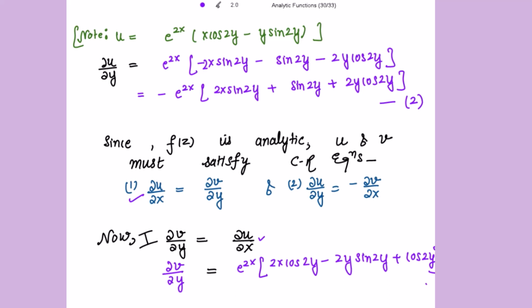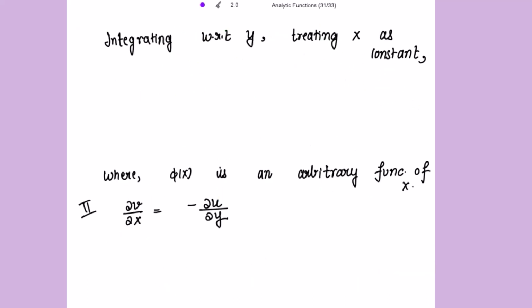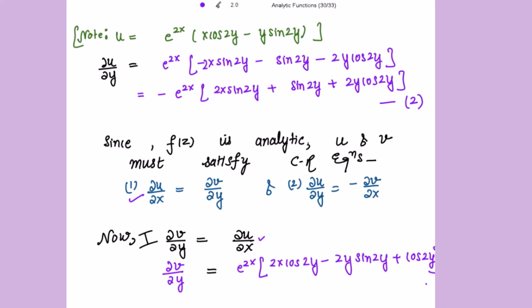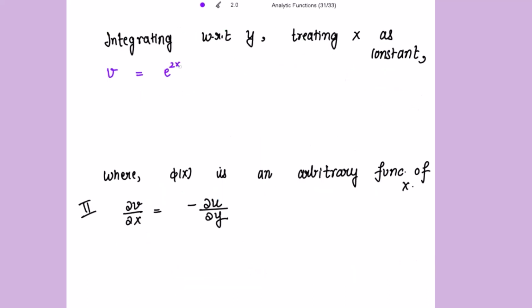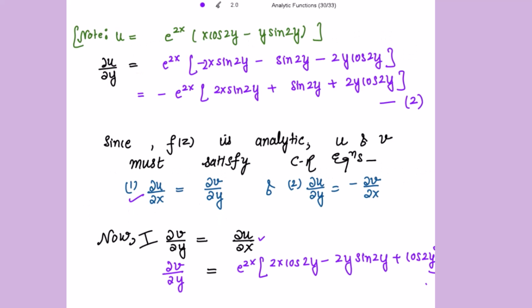Integrating with respect to y, the left hand side becomes v. So v is equal to, e to the power 2x is constant, so writing it as it is. Now integrating with respect to y, 2x is written as it is. The integration of cos 2y is sin 2y over 2, and the integration of y sin 2y we do by parts, which gives sin 2y over 2.